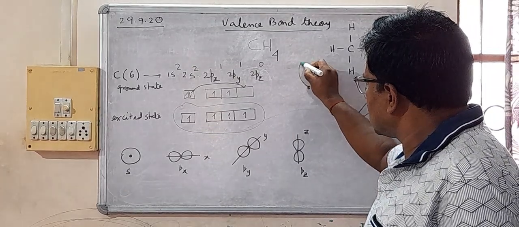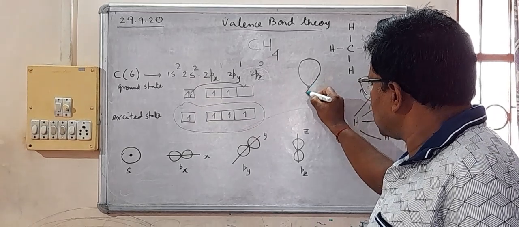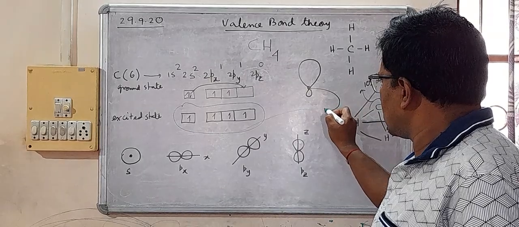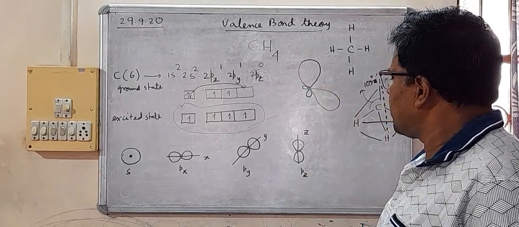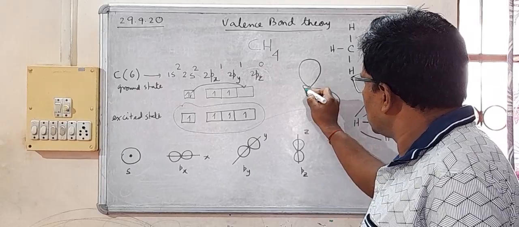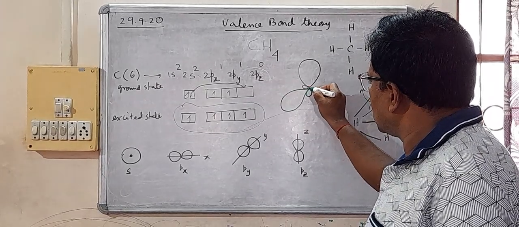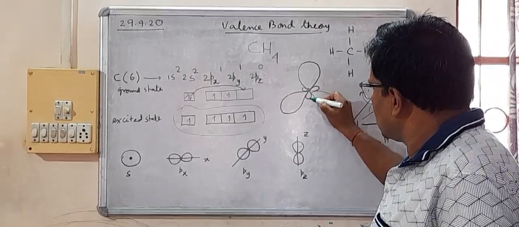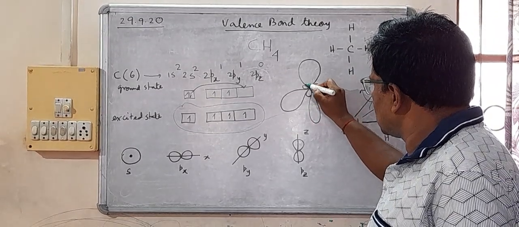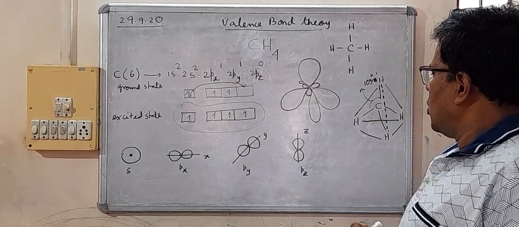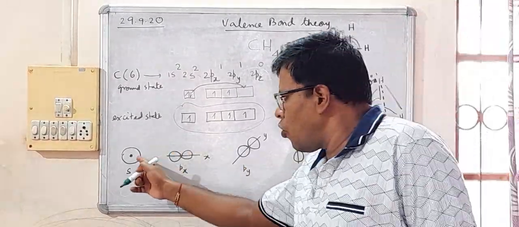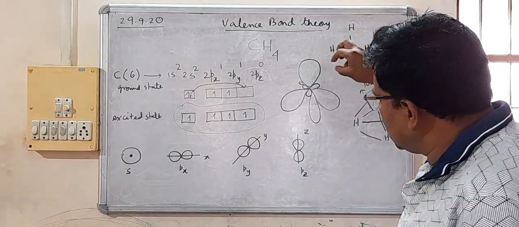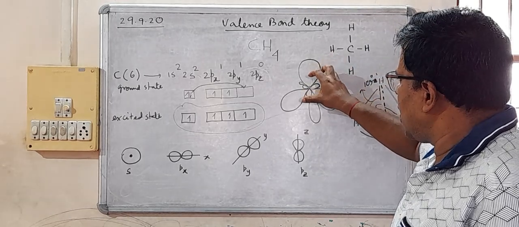Say this is one orbital, this is another orbital, this is another orbital, and the fourth one is this orbital. So 4 atomic orbitals mixing together, new 4 orbitals are formed.